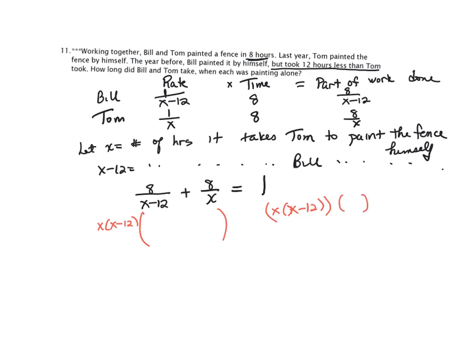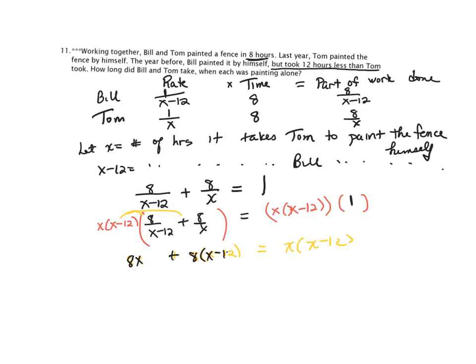Okay, so I have 8 over x minus 12 plus 8 over x equals 1 times this. When we distribute on this side, we get 8x plus 8 times x minus 12 equals x times x minus 12. And again, the whole idea is to clear all the denominators.